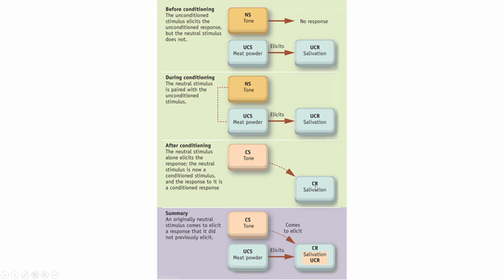We change the name of whether it's an unconditioned response or a conditioned response based on what is causing that response. So if salivation is caused by a conditioned stimulus, then it's a conditioned response. But if it's happening because of an unconditioned stimulus, then it's an unconditioned response. So we care about what's causing it to happen.